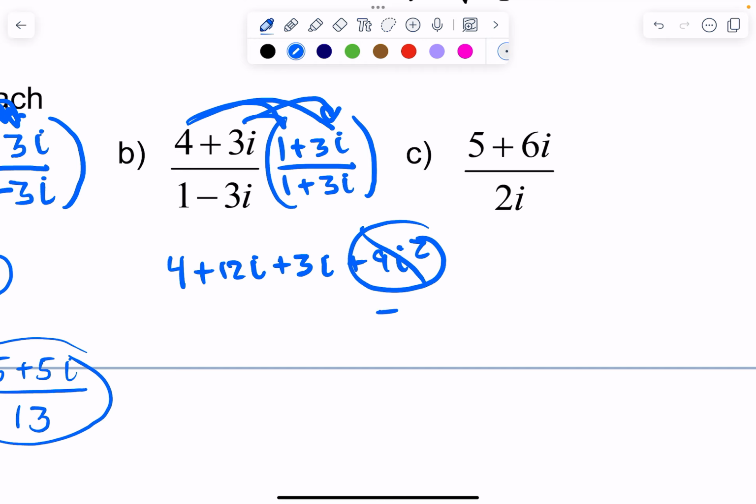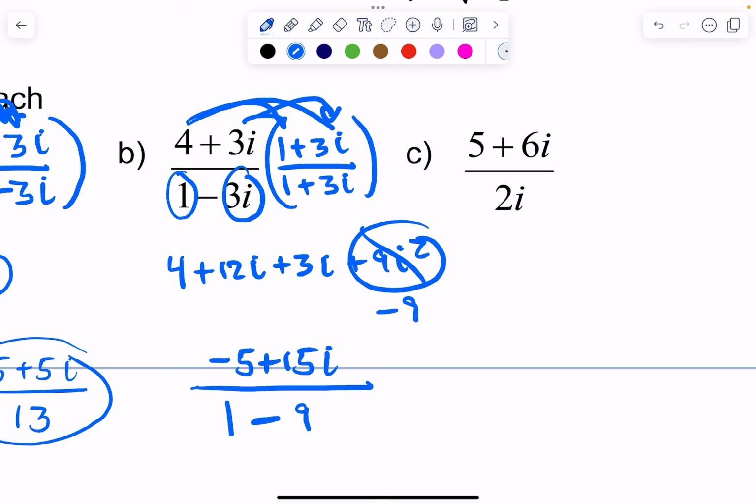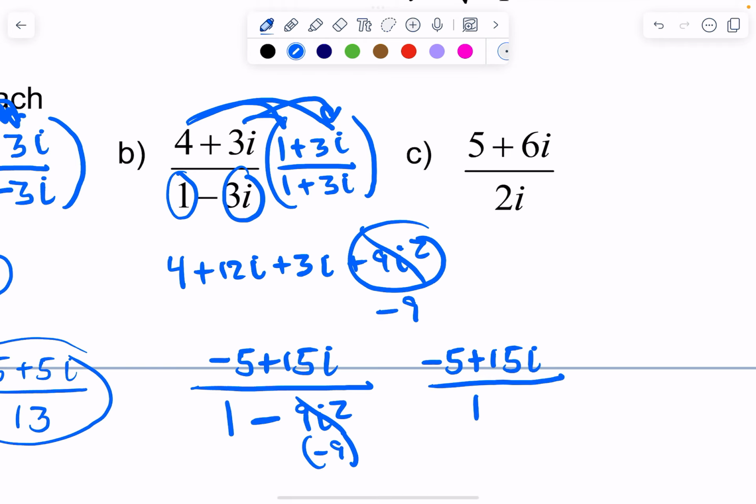That becomes negative 9. So that's negative 5 plus 15i divided by first term squared, which is 1, minus second term squared, which is 9i squared, which becomes a negative 9. So that's negative 5 plus 15i over positive 10.